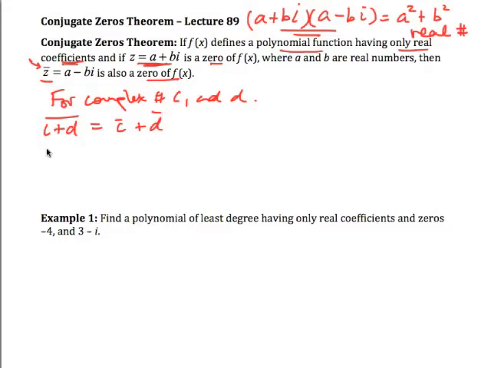Okay, it's not too hard to prove. You just have to put a plus bi in here and c plus di in here, add them together, take the conjugate, do the same here, take the conjugates first and add them up and you'll get the same thing. Similarly, if we do the product of two complex numbers and then take the conjugate, this is exactly the same as the product of the conjugates.